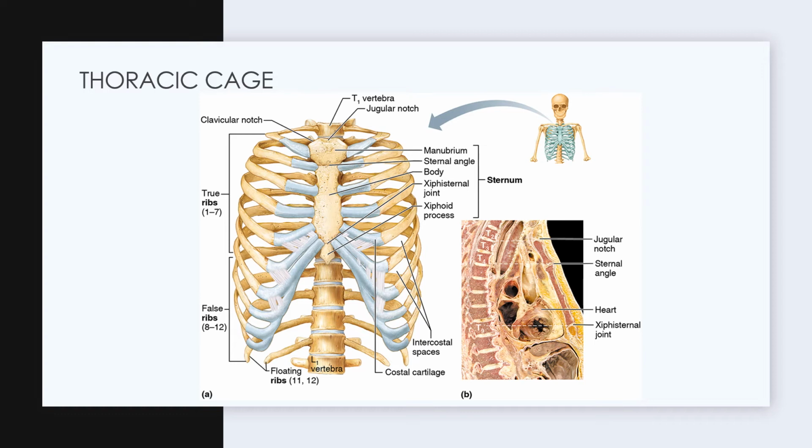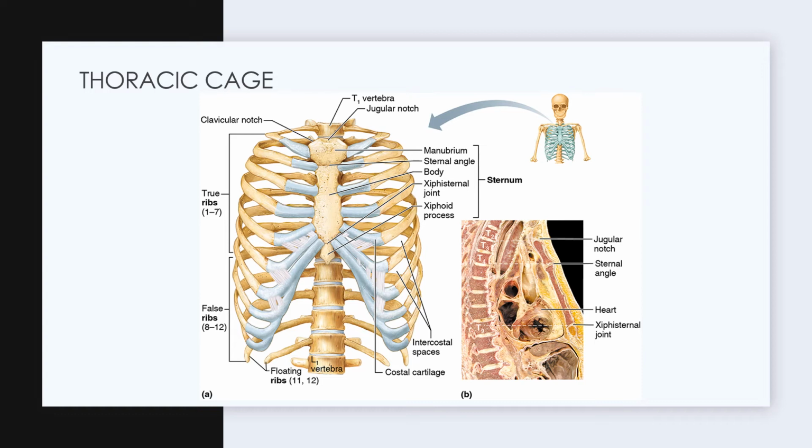And then the intercostal spaces is just the spaces between the ribs, filled with intercostal muscles, and they aid you in breathing. In this image as well, in B, you could see this cross section of the jugular notch, the sternal angle, the heart. It's pretty cool, and the xiphisternal joint.